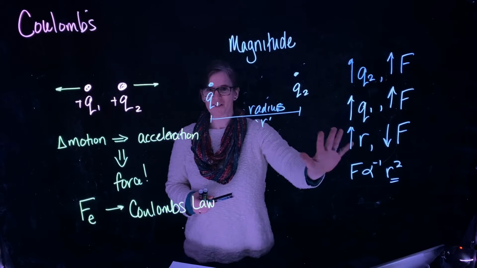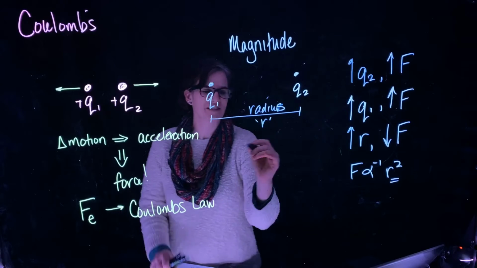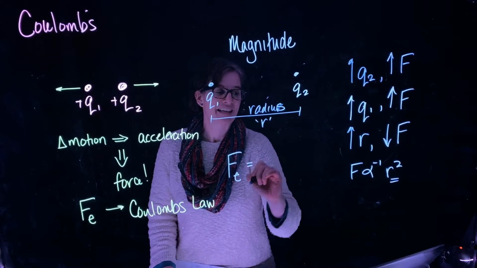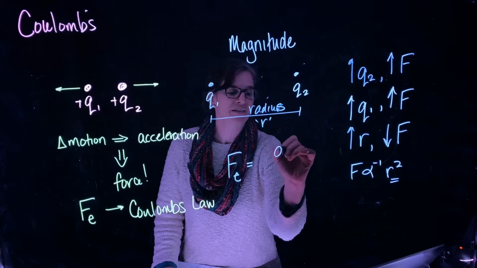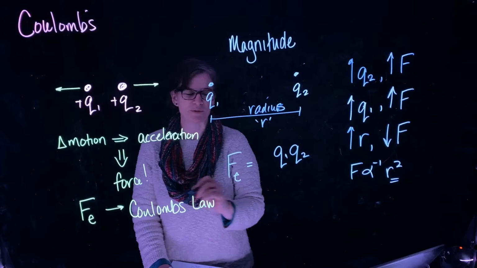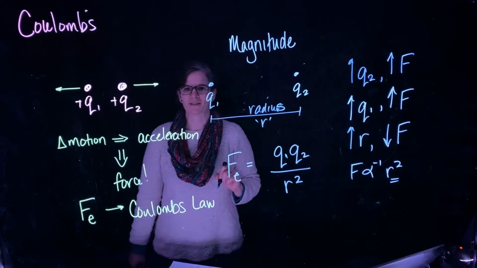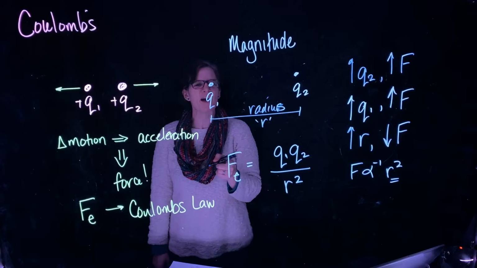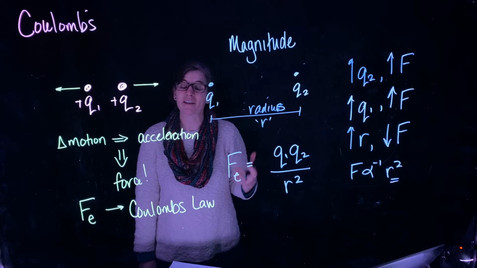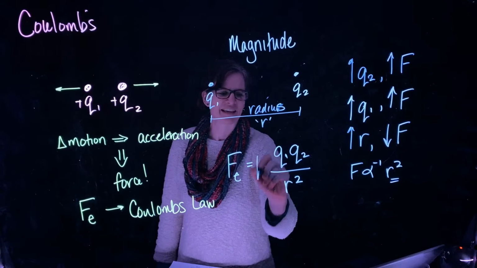These proportionalities give rise to Coulomb's law, which tells us that the electric force is proportional to both charges, Q1 and Q2, and inversely proportional to the radius squared. As in most cases in our physics studies, there's often a constant of proportionality, and that is also true in this case.